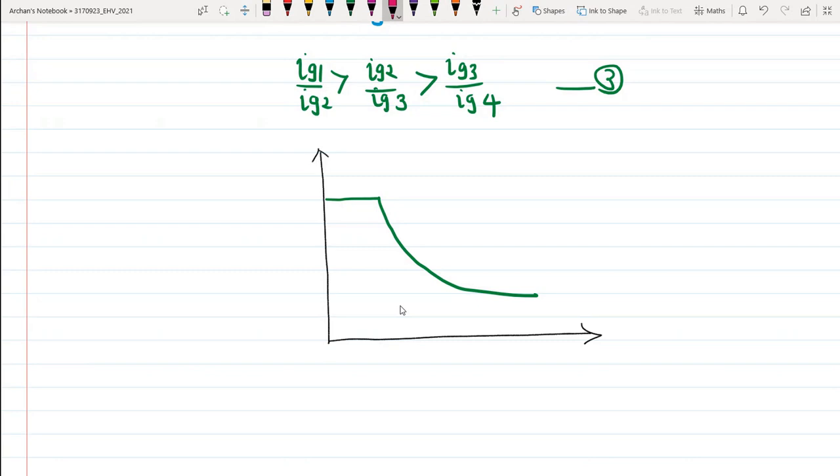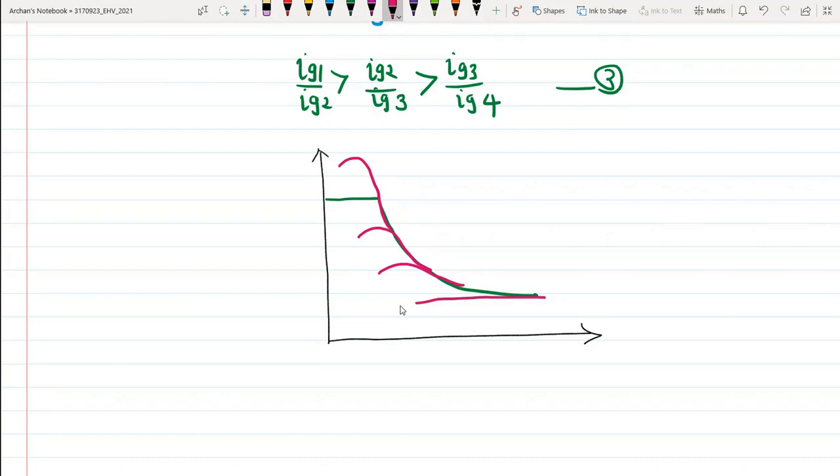Let us say this is my first gear, here is my second gear, this is our third gear, and this one is fourth gear.